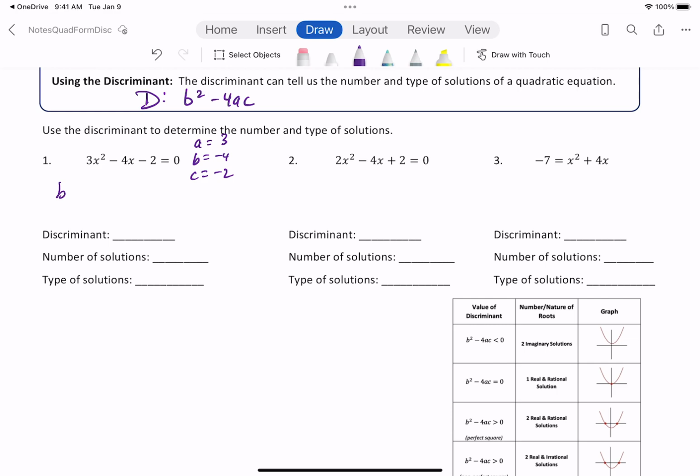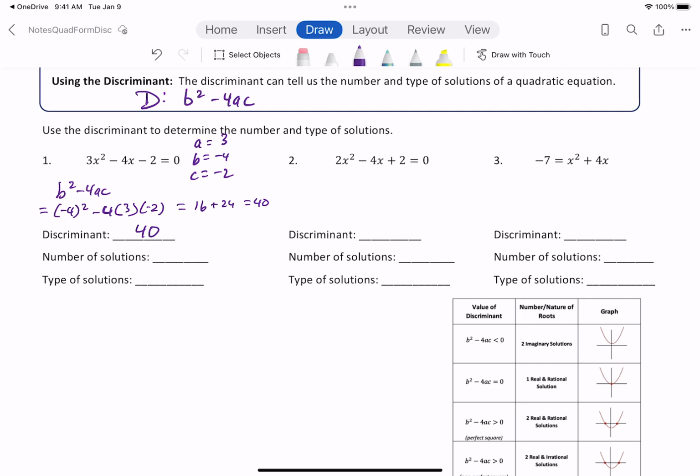So if I want to determine the discriminant, I'm just going to substitute these values. B is negative 4, A is 3, and C is negative 2. So negative 4 squared is 16. Negative 4 times 3 times negative 2 is 24. And that gives me 40.